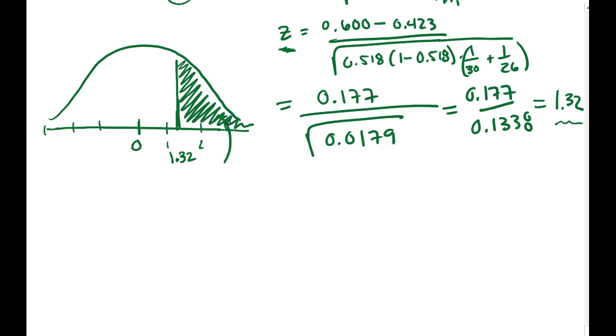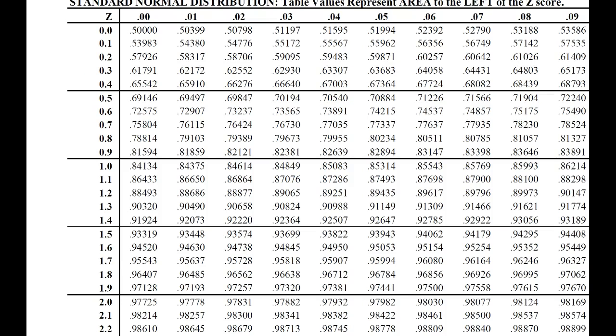If we go over to the table, we can scroll to our z-test statistic. We can see that we have 1.3 right here, and we cruise across until we find the 0.02. We find that the area that falls below our z-test statistic of 1.32 is 0.90658.